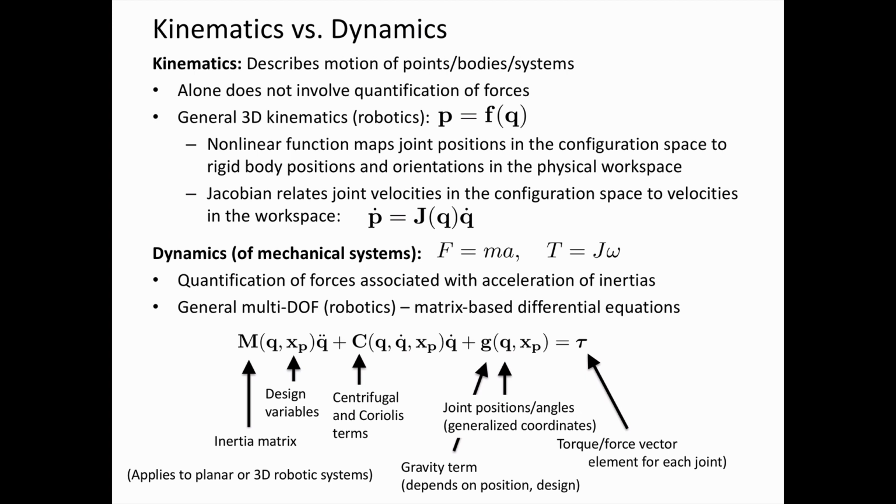And then the second term that gives us the centrifugal and Coriolis terms, that depends on the position and the velocity in the configuration space. And then the third term, that is the gravity term, that depends on positions and design. And then on the right-hand side, we have the forcing vector. So if we had an actuator, say a motor, at each of the joints, then we'd have some kind of time-varying trajectory for each one of the elements in the torque or force vector on the right-hand side.